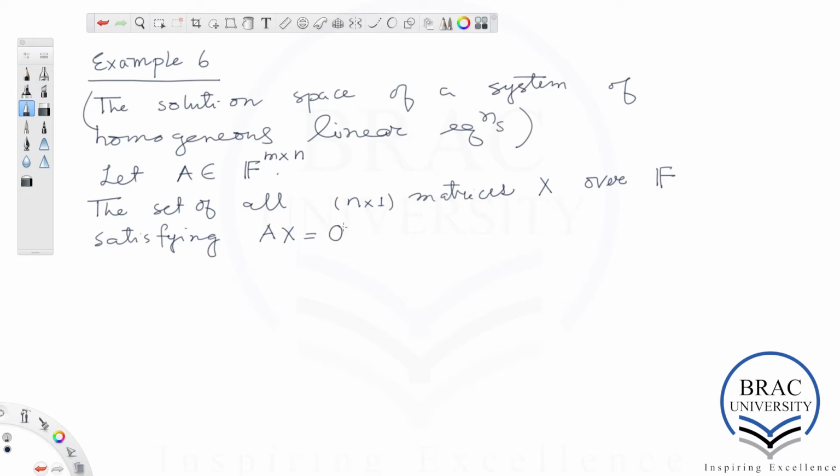So you see that A is an m times n matrix, and that is getting multiplied with an n times 1 matrix X to result in an m times 1 matrix. So this is an m times 1 zero matrix, with all the entries being zero here. So this is a homogeneous system of linear equations.